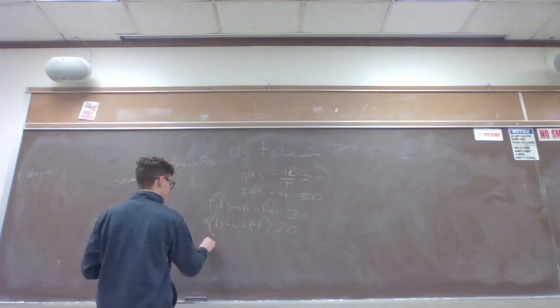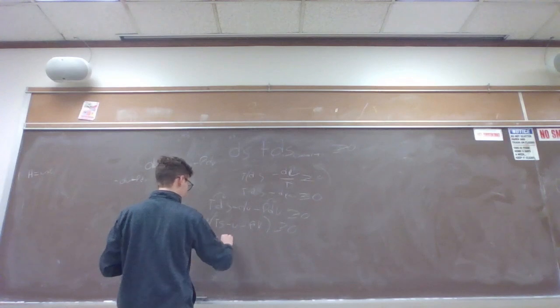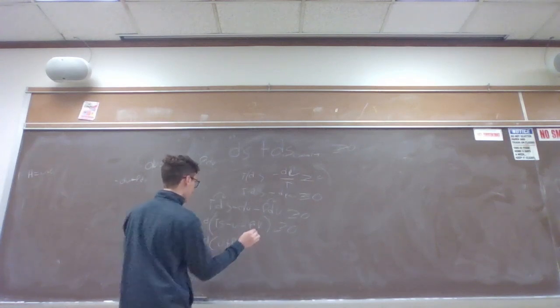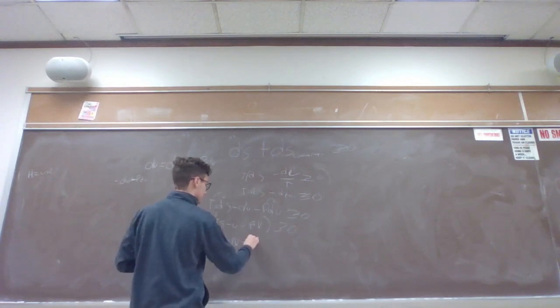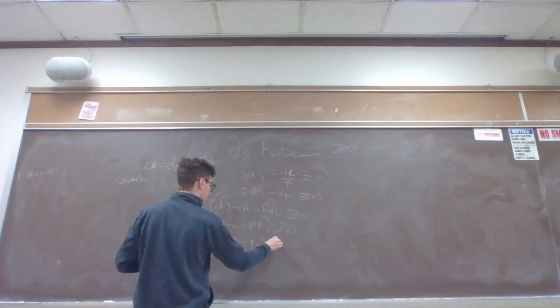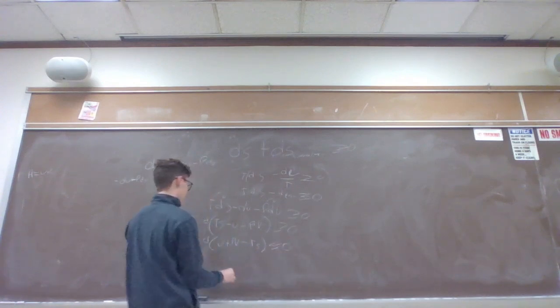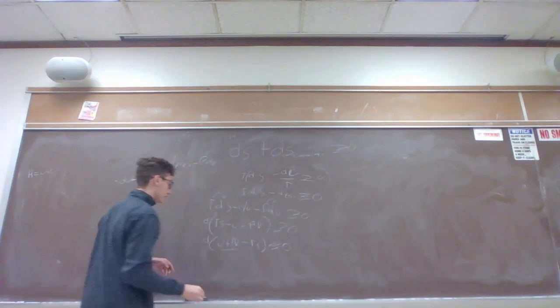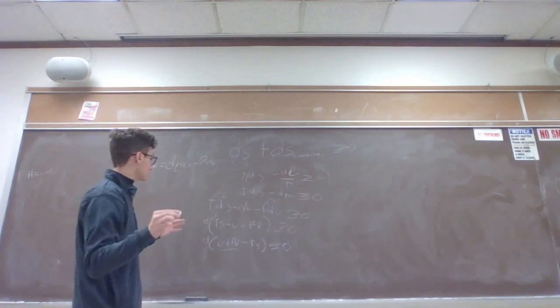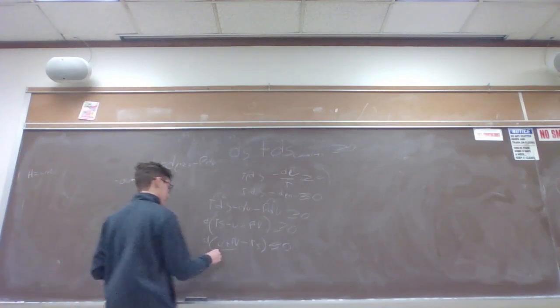So we're still going to have the differential of U plus PV, and then we would subtract TS, and that is less than or equal to 0. And U plus PV is actually big H, or enthalpy.